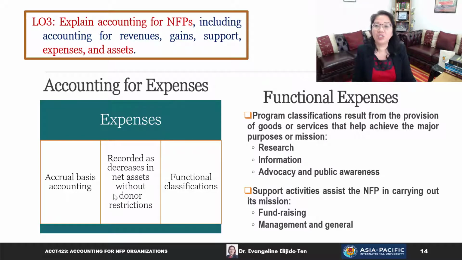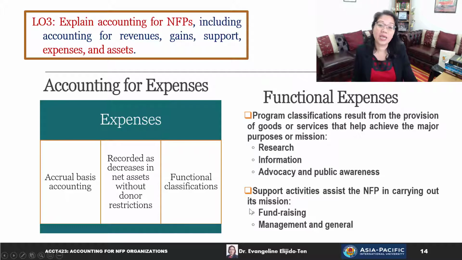Program classifications will result from the provision of goods or services that help achieve the major purpose or mission of the NFP. Examples of these would be research, information, or advocacy and public awareness programs. So the expenses pertaining to this will be part of functional expenses.